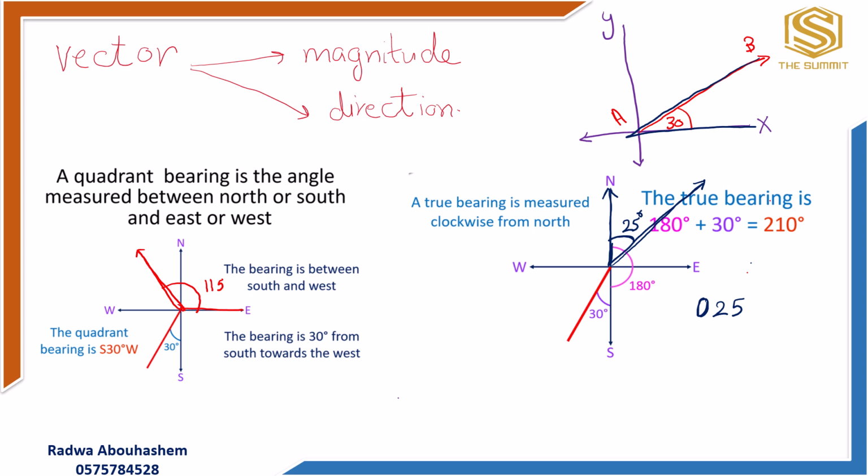So I have to know the angle between the north and the vector. So this means I have to get this angle. So this means it would be 115 minus 90. So this is 25. So now, how could I write the quadrant bearing? It would be north 25 west.